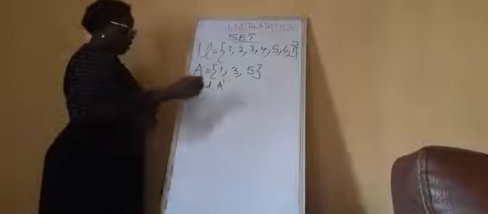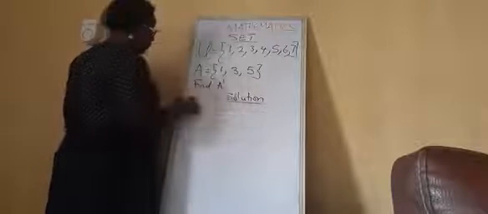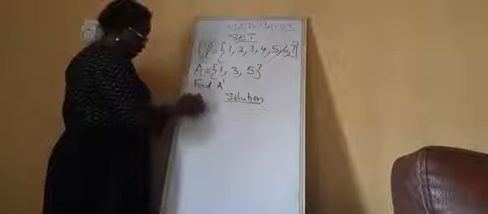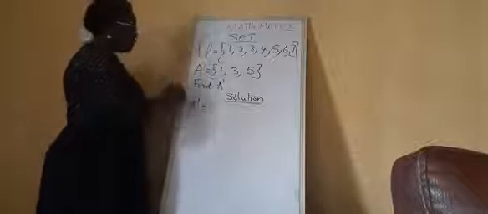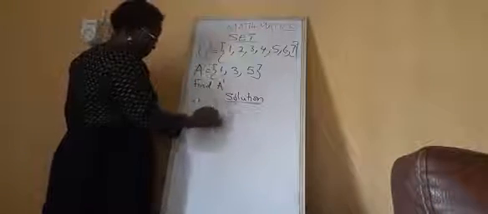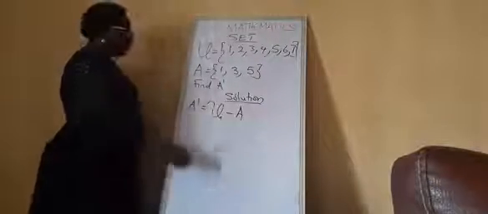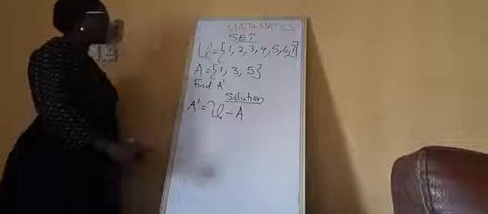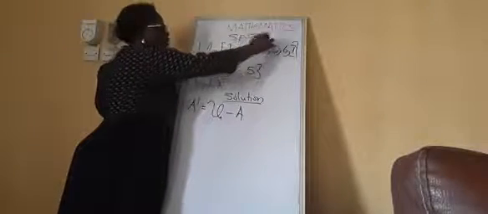So, can you produce the answer now? I'm listing. So, A prime now is equal to what? Universal set minus A. Now remove 1, 3, 5 from the universal set. Remove this, 1, 3, 5.